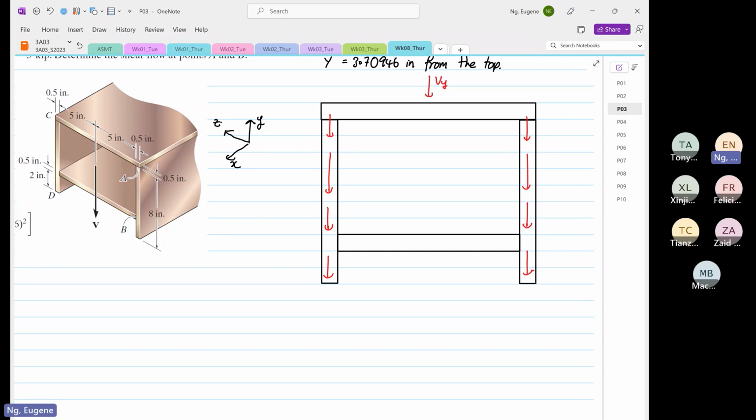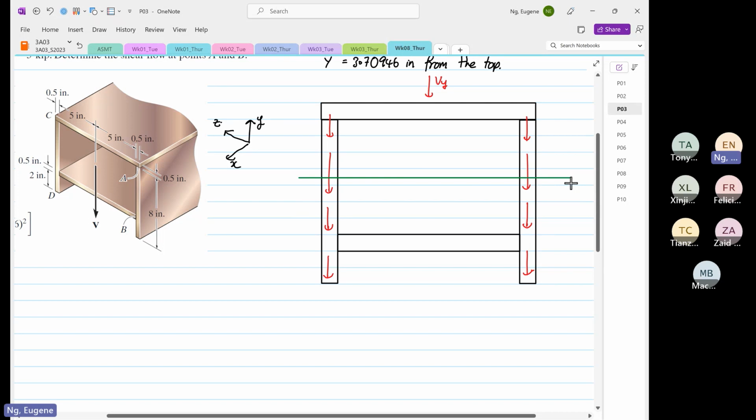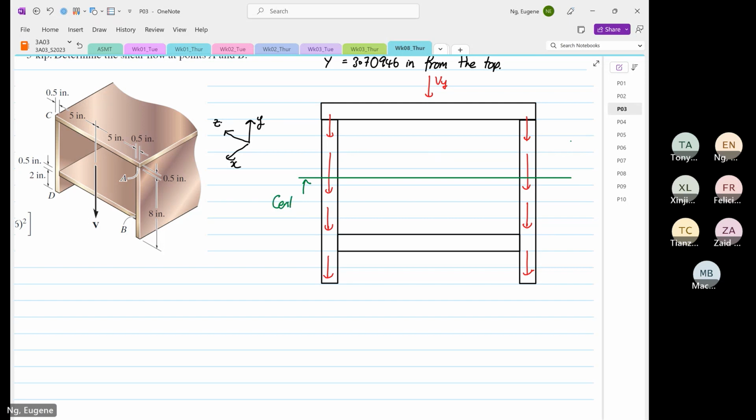And then we know that this is more or less a box beam sort of analysis. Okay, so if I were to sketch our centroid, so for example, this is our centroid. All right. And then we have a terminal down here.